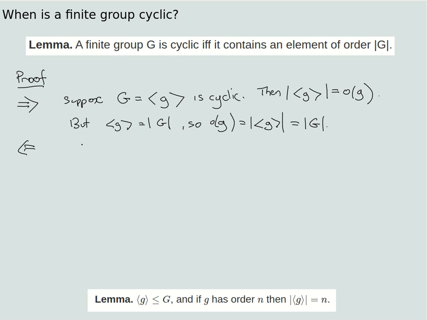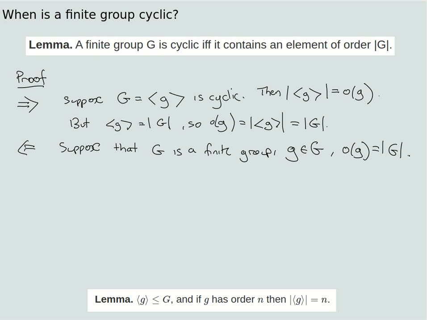In this direction, let's suppose that G is any finite group, and it contains an element whose order is the size of the group. So let's call that element little g, and let's suppose that the order of this little g is the size of the group.